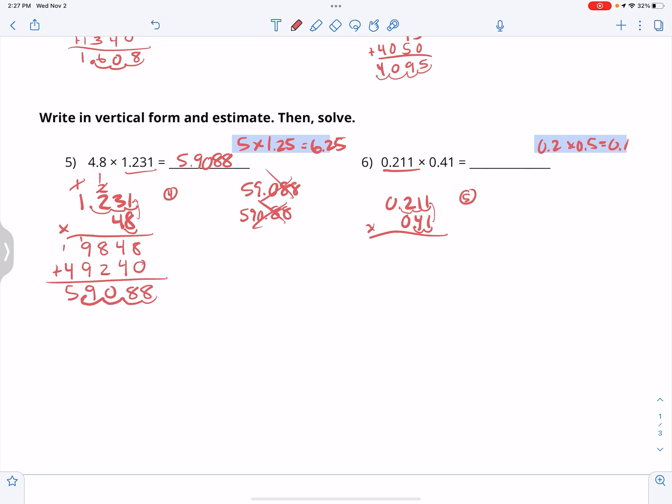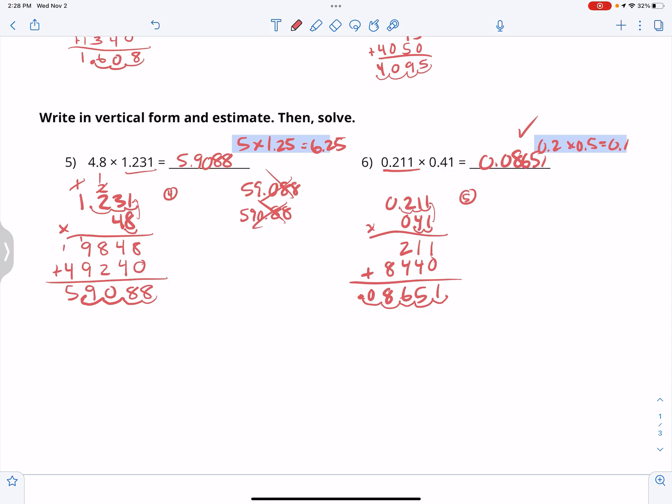So 1 times 1 is 1. 1 times 1 is 1. 1 times 2 is 2. 4 times 1 is 4. 4 times 1 is 4. 4 times 2 is 8. Add them up. 1, 5, 6, 8. And I need to move it 5 places. Here's our decimal point starting there. 1, 2, 3, 4, 5. So I have to put that 0 in there. Our answer is 651. And that is relatively close to 1/10 actually. So I feel quite confident in that.